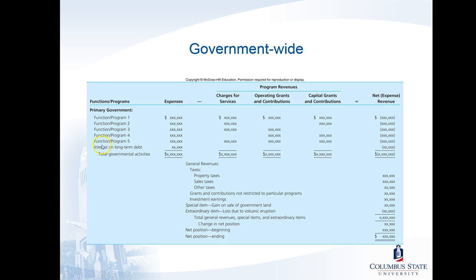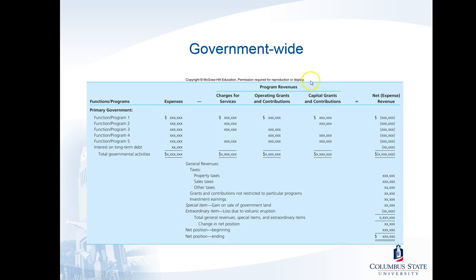That happens because they can't specifically associate it with any one program. So when it isn't something that can be associated with a program specifically, they list it separately. So first they list all the expenses by program or function, and then they look at the program revenues.